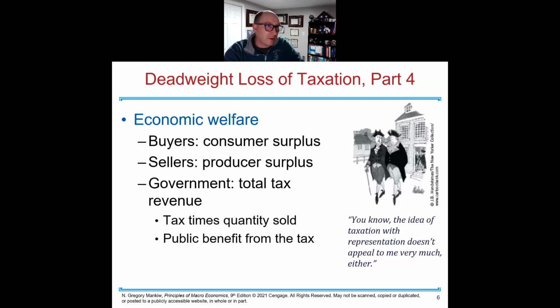So how do we calculate the total revenue that the government collects through sales tax? We take the tax times the quantity. So let's think about DC. We think about the number of households in DC and the amount that each household pays in property tax.